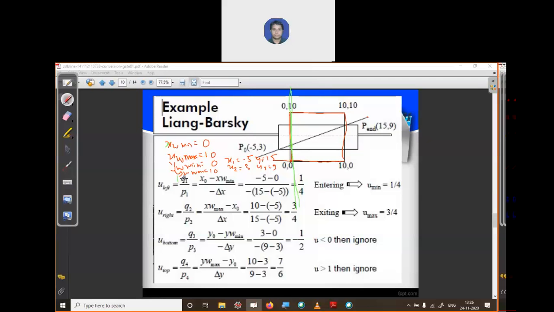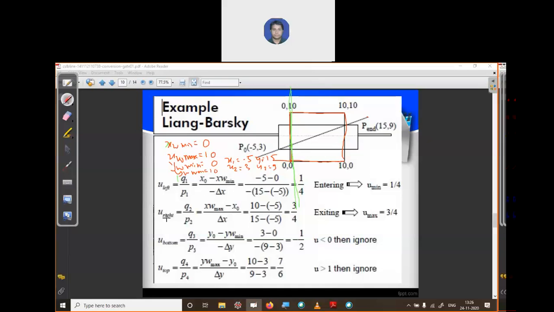And here I just tried the q by p, and the value of q, if you remember, for q1 it is x1 minus xw min, and p1 value is minus delta x. If you remember the value of p and q, we have derived this from the equation. So I have just put this value for all.